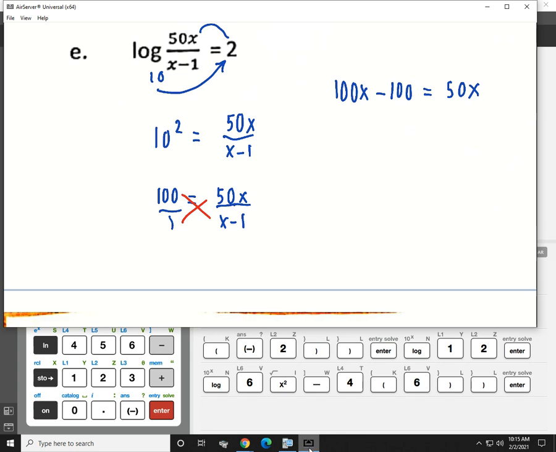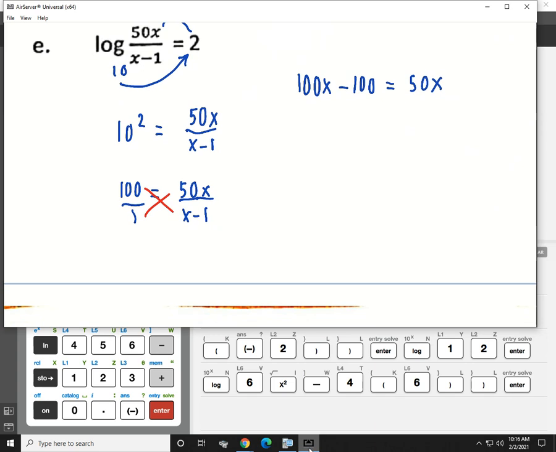All right, so how do I solve this thing from here? What do I do to solve? I'm going to do two steps at once. Okay? I'm going to subtract the 50x to move it over here to the 100x.